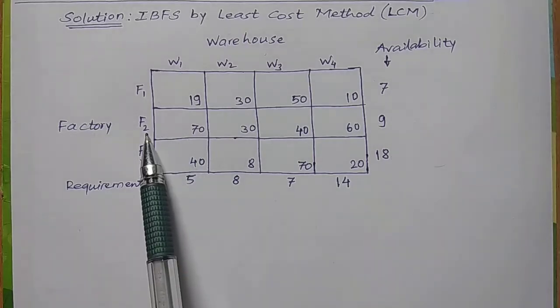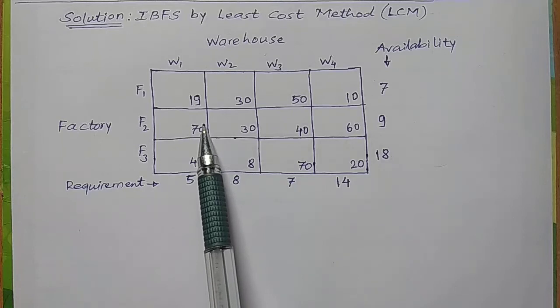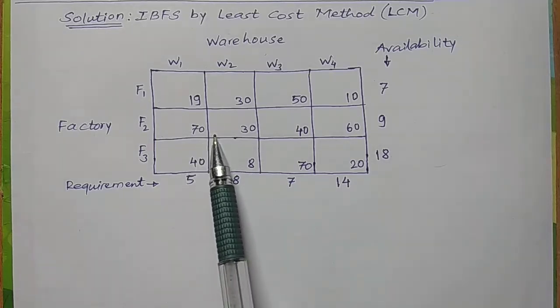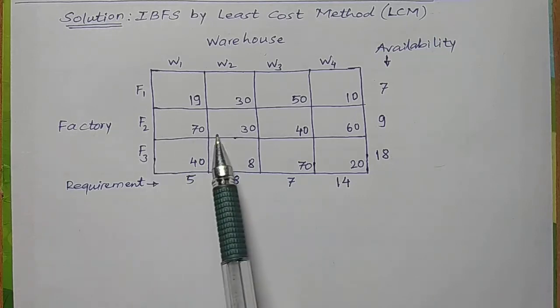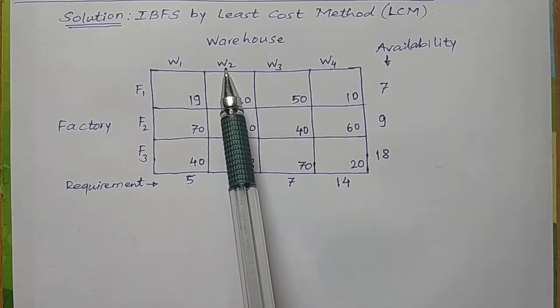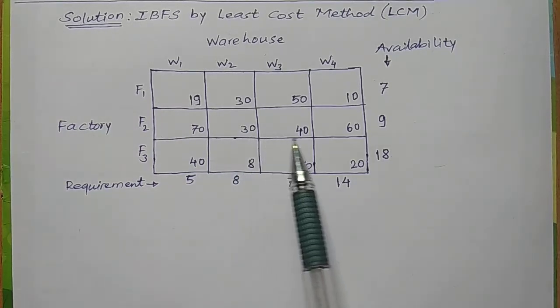That means suppose from factory F2 to warehouse W1, the unit cost of transportation is rupees 70. For a product to be transported from F2 to warehouse W2, the unit cost of transportation is 30.